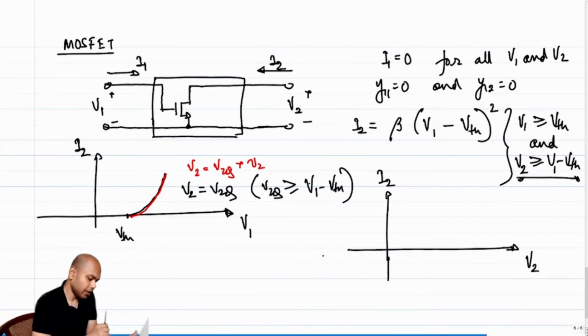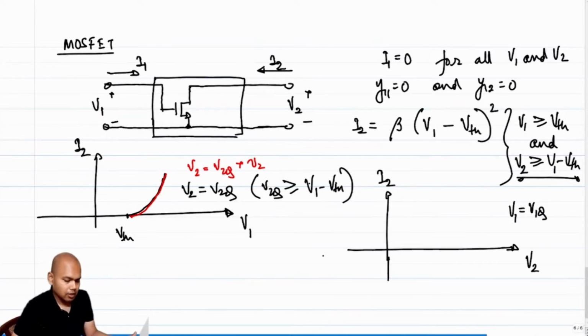For a certain V1, say V1 equal to V1Q, I will have a certain I2, say I2Q, which is equal to beta times (V1Q minus VTH) whole squared.